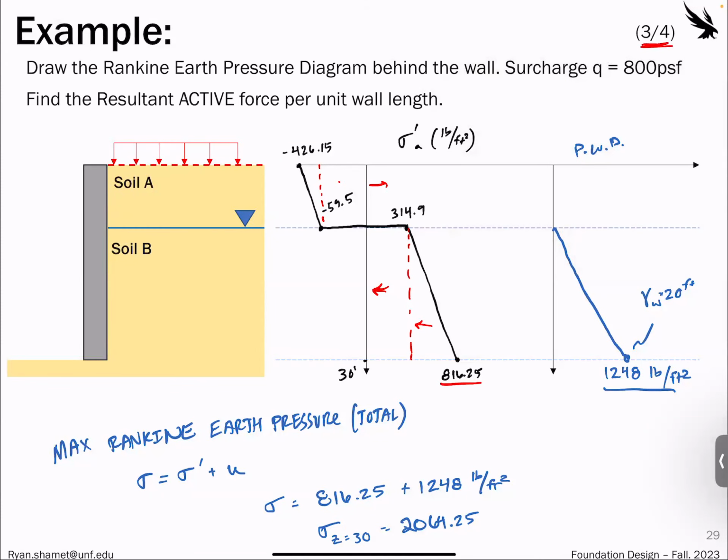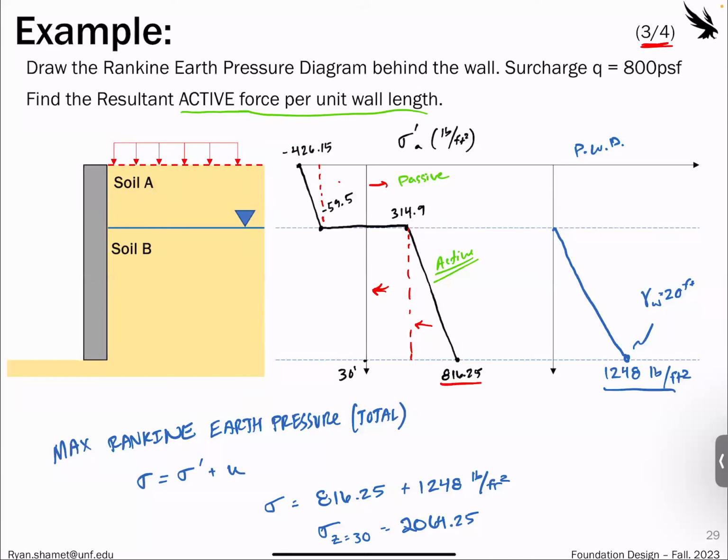What we would do normally is, for the active force per unit wall, this is technically not the active section here. This is actually treated more like a passive section because the soil is in tension. The soil is not pushing on the wall. Rather, the soil is pushing on itself, being a passive condition.